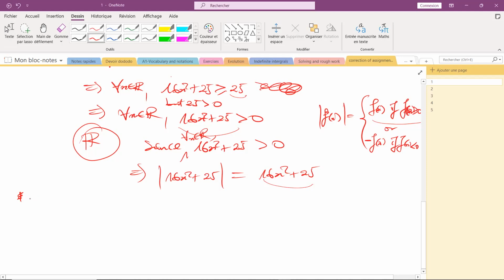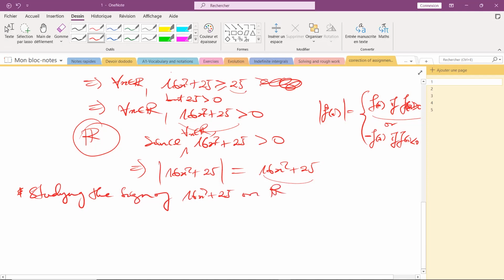So studying the sign of 16x squared plus 25 on R. The first thing you are supposed to do is determine the first step. Usually when you are dealing with a quadratic expression, you have to determine the zeros of this quadratic expression.